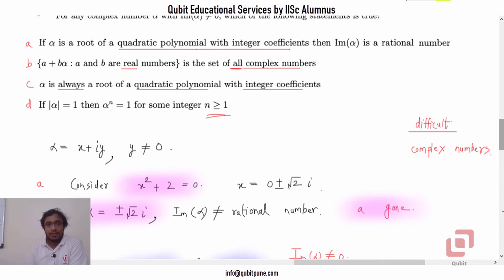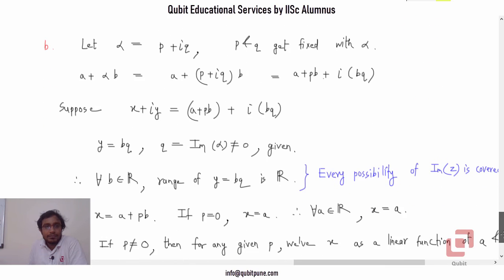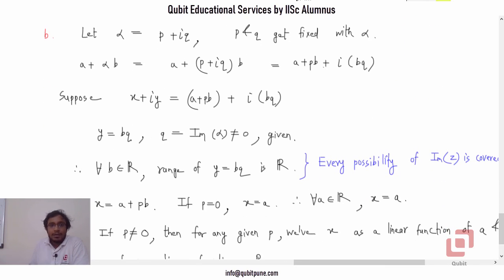How? We basically want to show that if we pick all values of a and b, and of course given alpha needs to be fixed, then no complex number is missed. This is what we'll do to prove that B is right. Assume that alpha is of the form p plus iq.